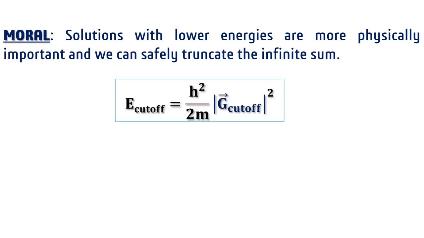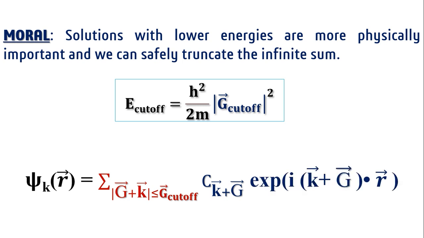So, E cutoff becomes ħ² over 2m times G cutoff squared, and consequently the infinite sum then reduces to psi_k(r) equals the summation over |G+k| less than or equal to G_cutoff of exponential i (k vector plus G vector) dot r vector.